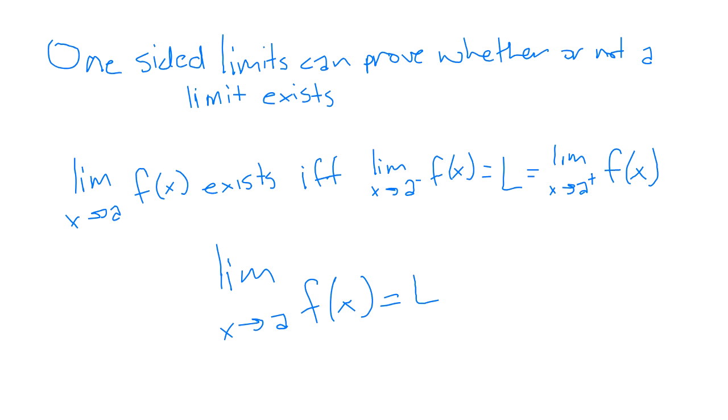So just to get an idea of how this can show us whether or not a limit exists, let's say we have this function. In this example, we have a piecewise function, and our piecewise function is going to be our f of x.